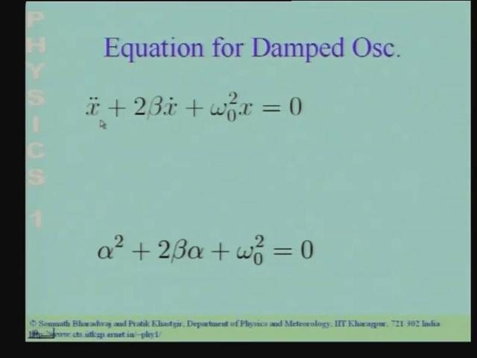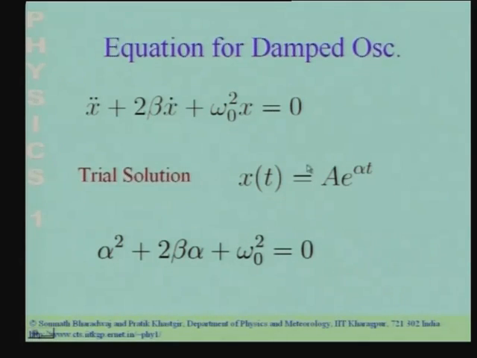This is what we had looked at in the last class, and the way we had proceeded was to take a trial solution, x of t equals some constant A e to the power alpha t, and we had plugged this into this differential equation.